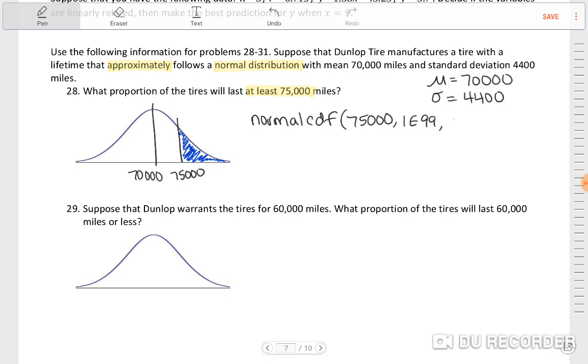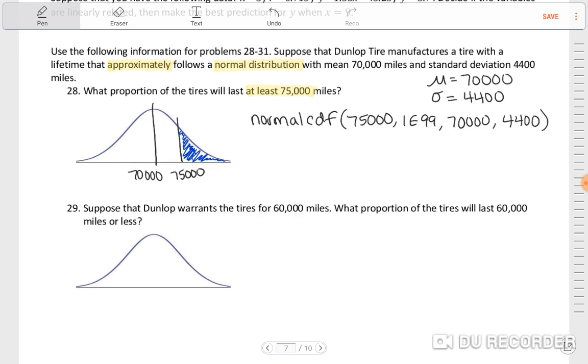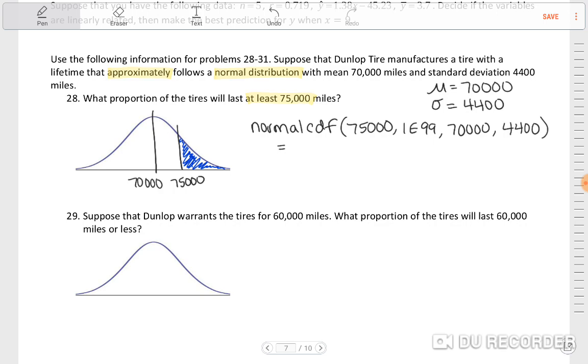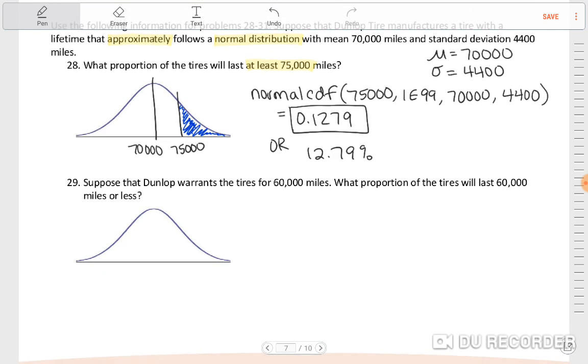Then my mean is 70,000. My standard deviation 4,400. So when you type all of that in, we get 0.1279. So that's the proportion. If you want to, you can write that as a percentage. I mean, you could say also 12.79%. I don't care. Either way you want to write it, it's up to you.